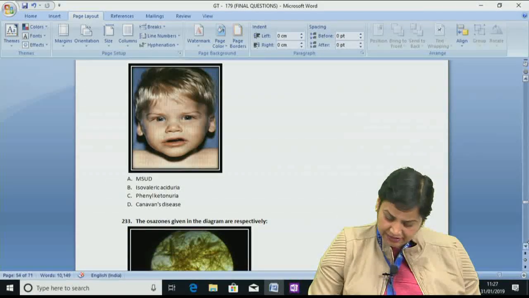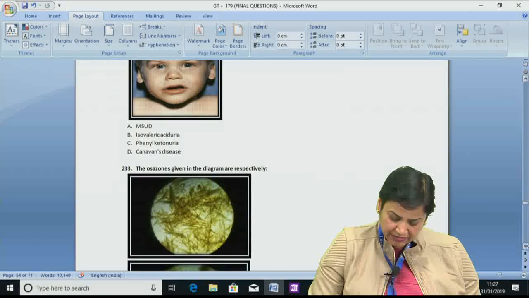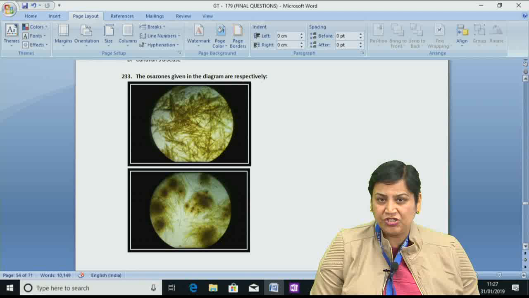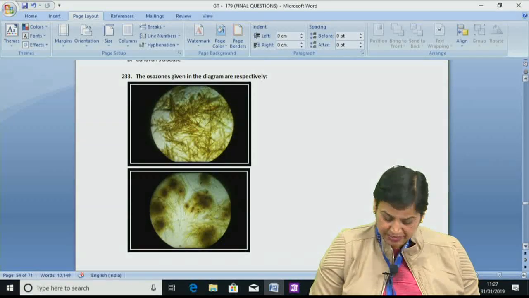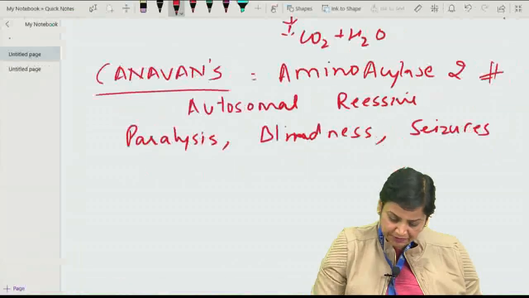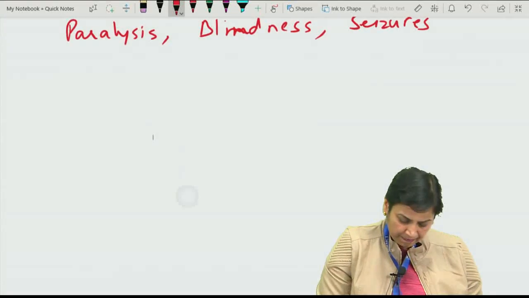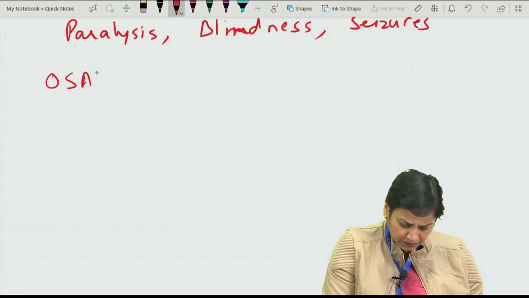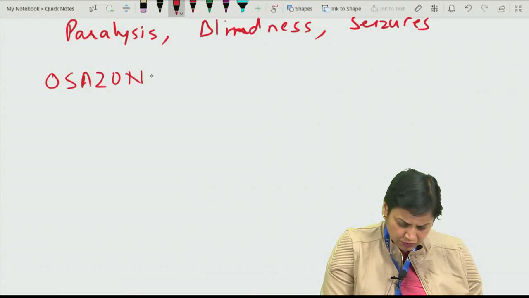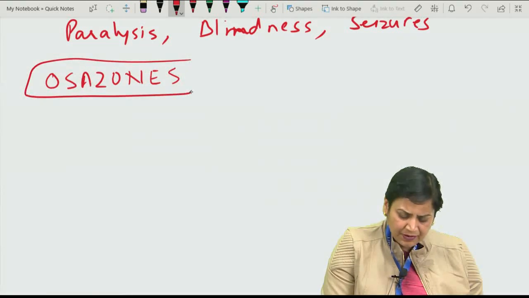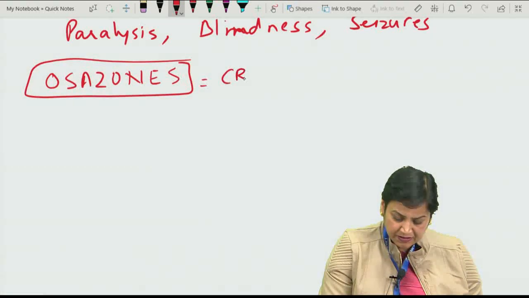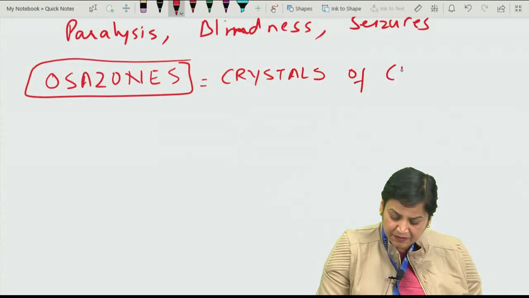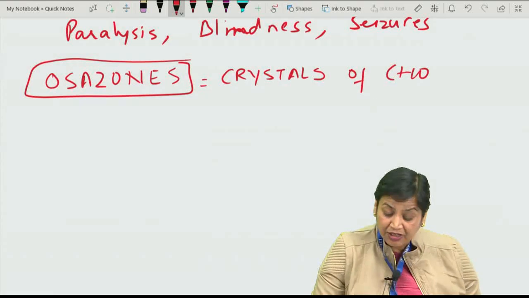The next question is, the osazones given in the diagram are respectively. Now first of all, before attempting this question, you should know what are osazones. See, osazones, they are basically the crystals of carbohydrates which are reducing in nature.